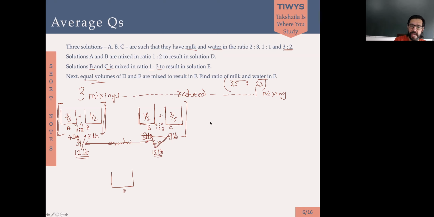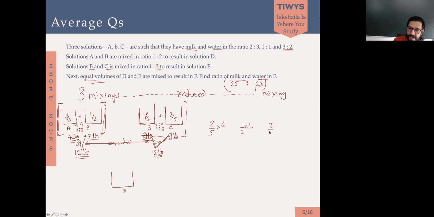Right? Now mix all of them. So what is this? A, 2 by 5. And I know it is still a fraction. So let's see, how many liters of A? 4. Okay, I'll just leave this as 4. What about B? Oh, B is half, and how many liters? 8 and 3, 11 liters. And what is C?